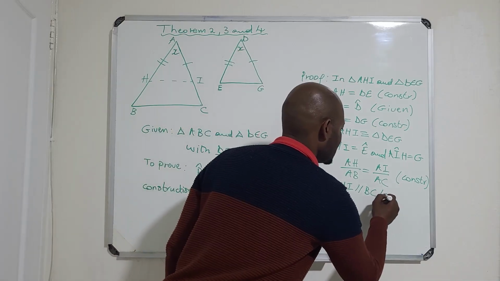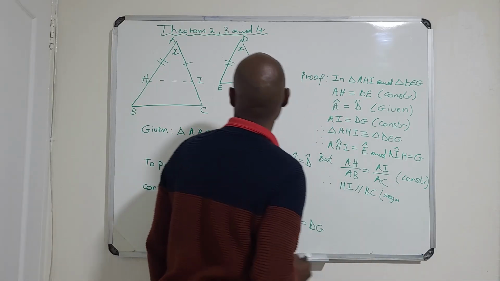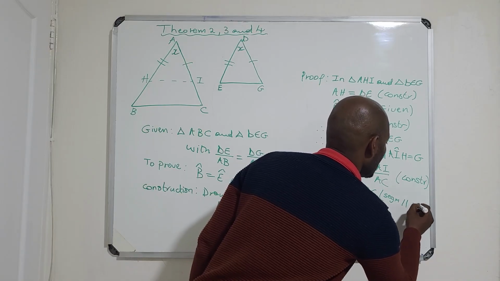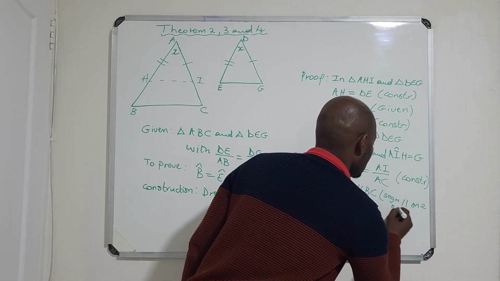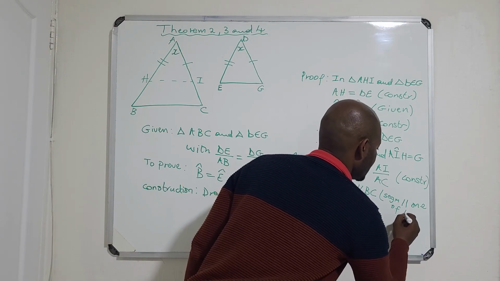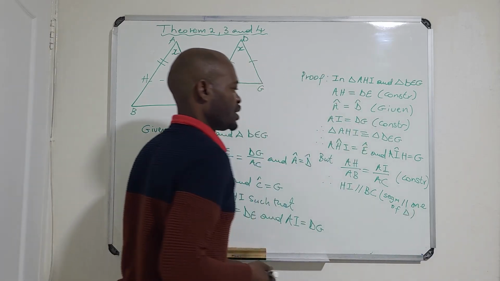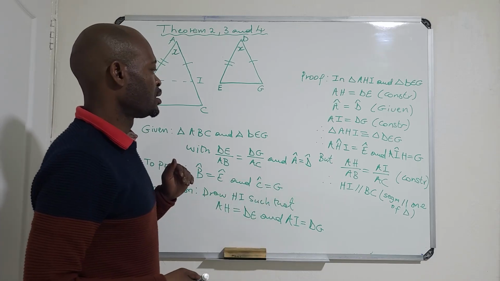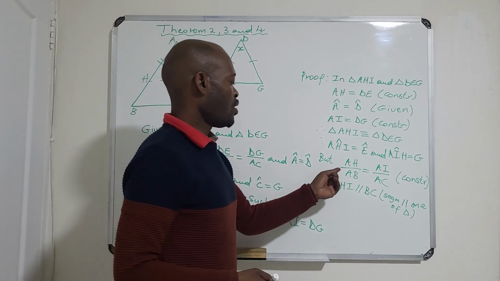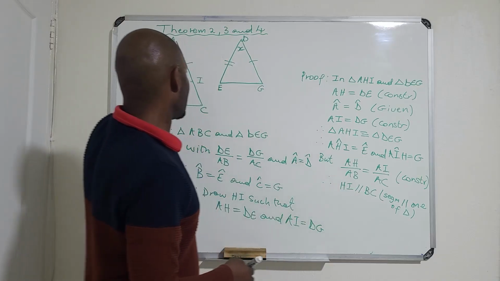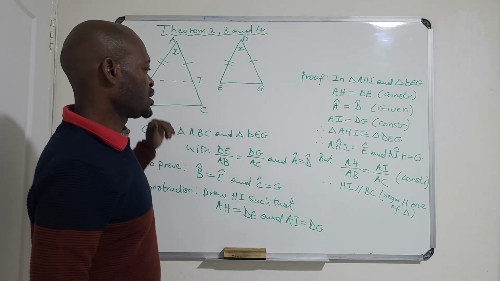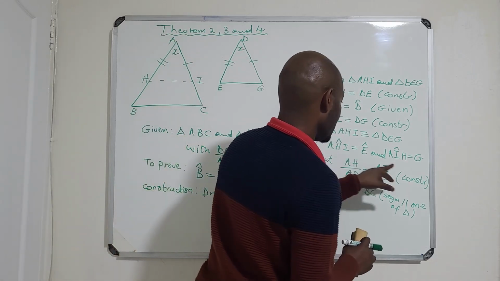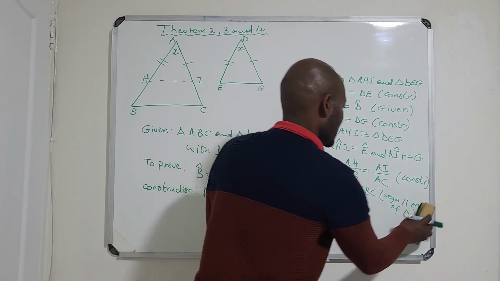Because a segment drawn parallel to one side of a triangle divides the sides in proportion, and here we're talking about the converse.